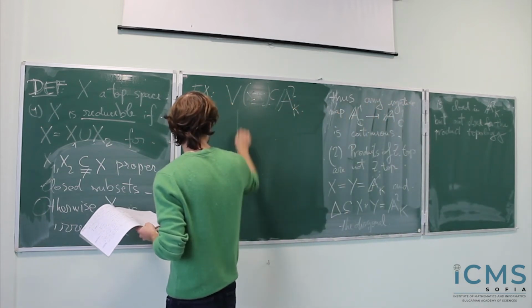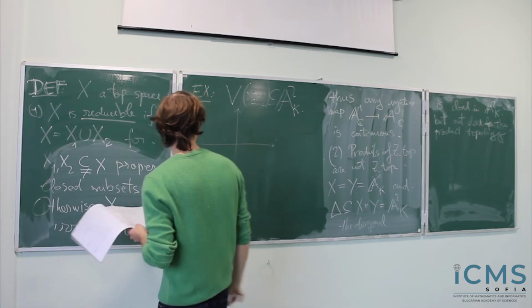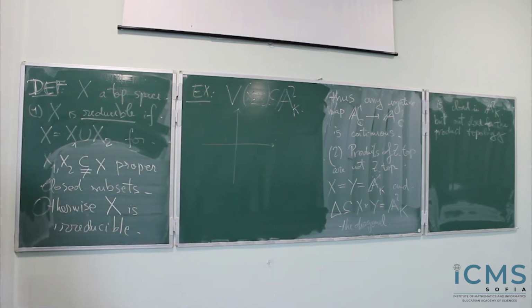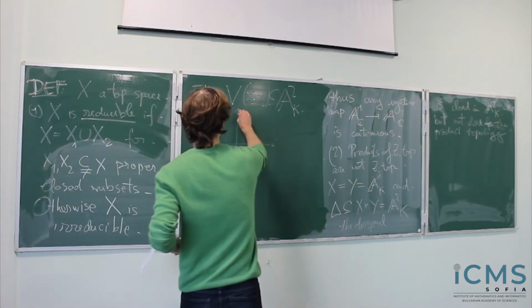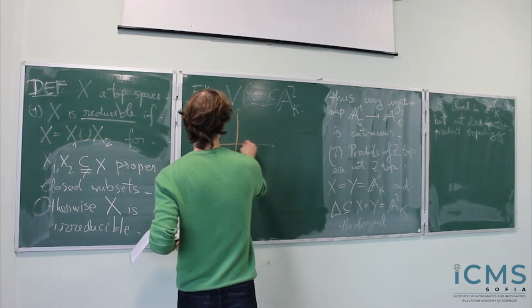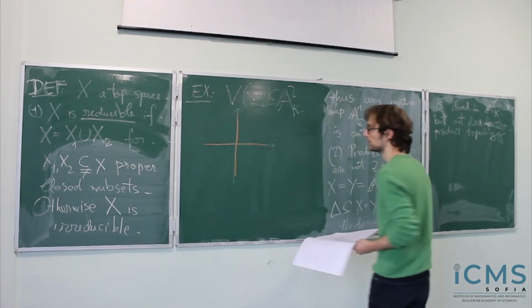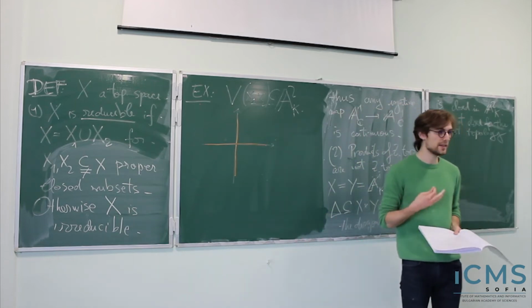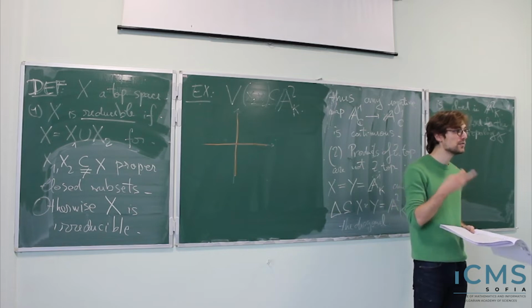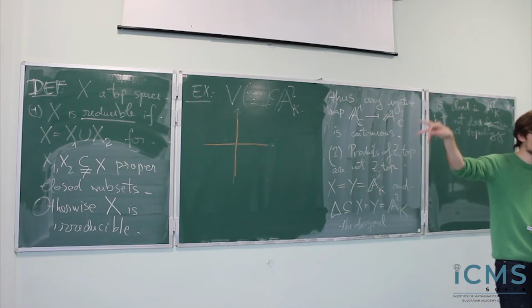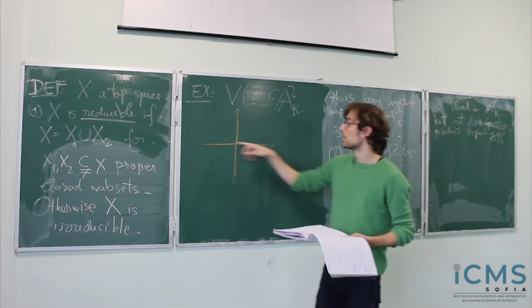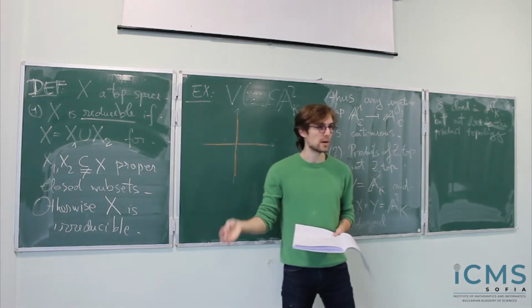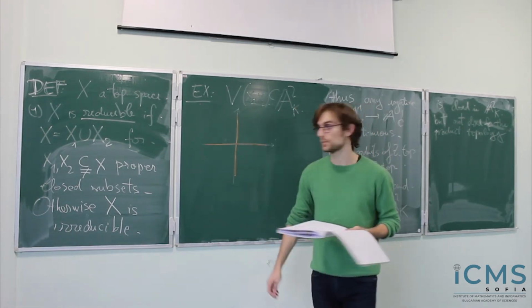Well, if I have the coordinate rings, then, I hope this shows, these are the union of the two axes. As I already said, it is the union of the two axes. But the two axes are themselves closed proper subsets, so this is not irreducible.